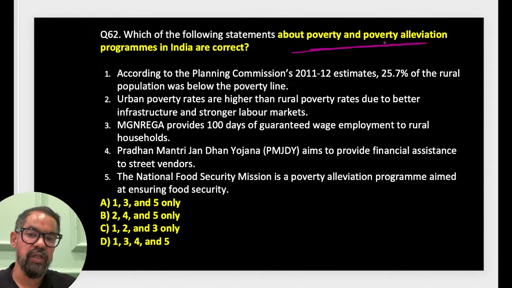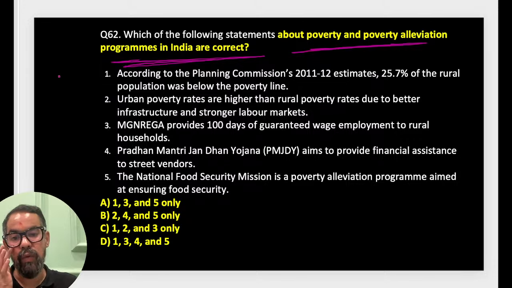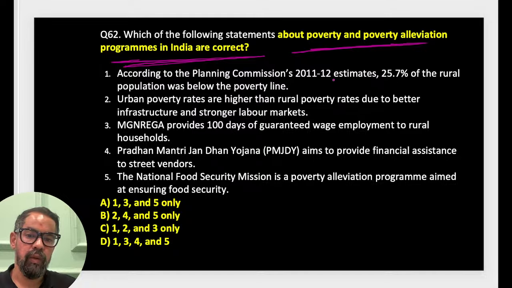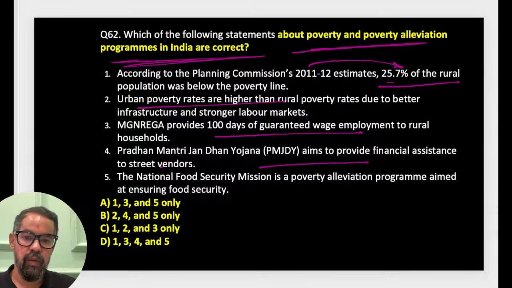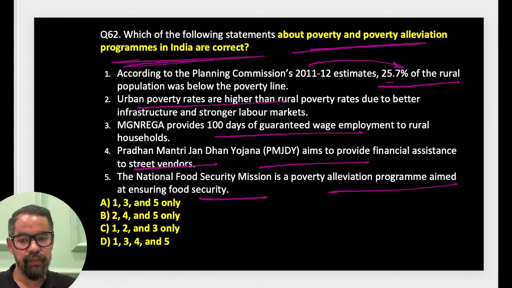Poverty and poverty alleviation programs in India. Everyone guys, quickly. Gayatri ma'am is saying A. So as per this, this is true.